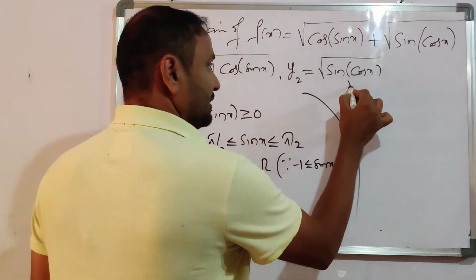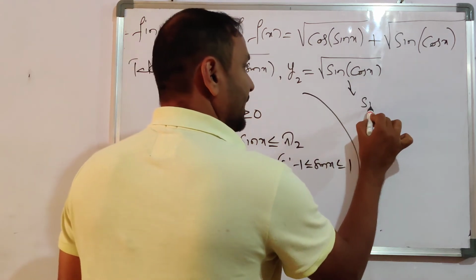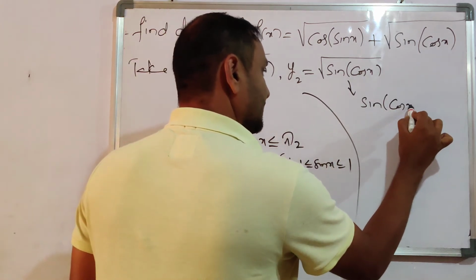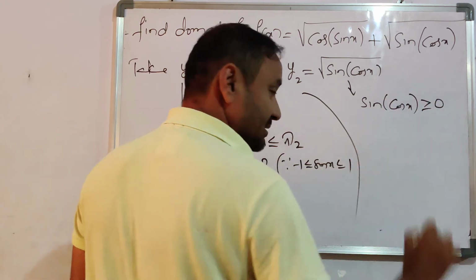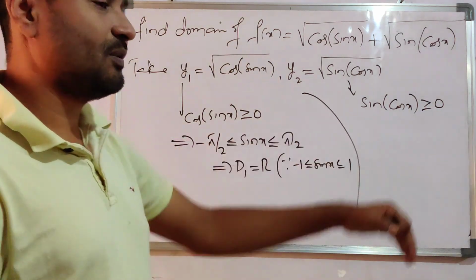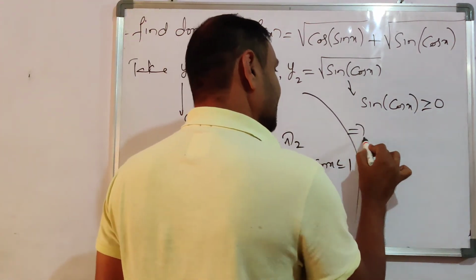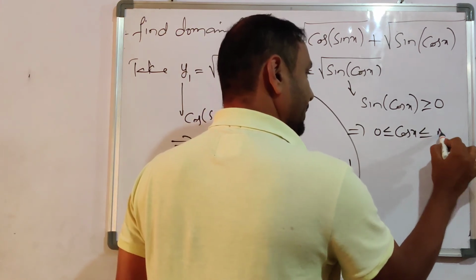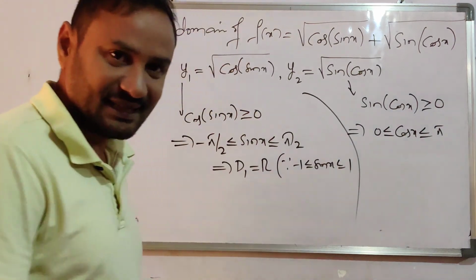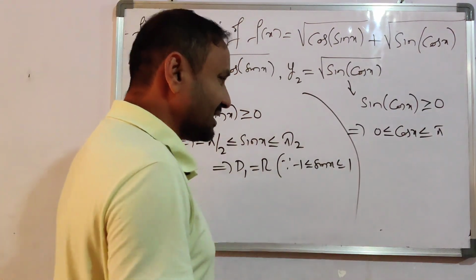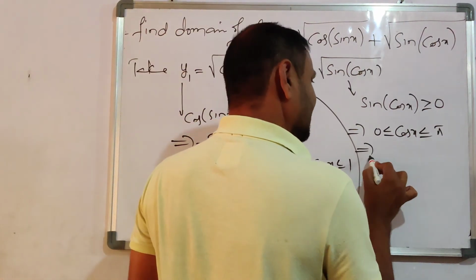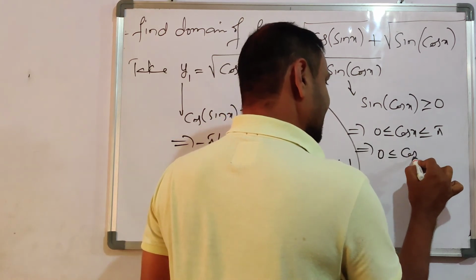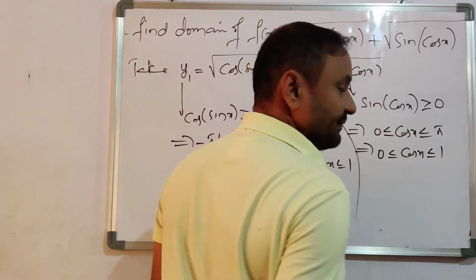Number 2, from this, sin of cos x is always greater than or equal to 0. In which quadrant is sin positive? That is 0 less than or equal to cos x less than or equal to pi. First quadrant and second quadrant. But cos x maximum value is what? 0 less than or equal to cos x less than or equal to 1.